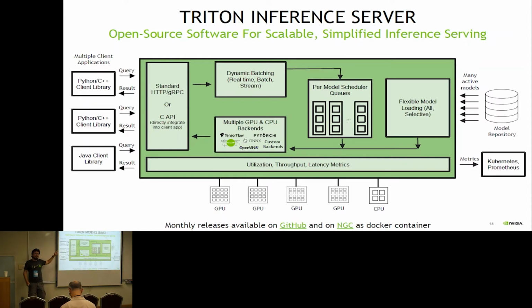These batches we have built in the batcher are then sent to a backend, and what's important here is that Triton supports all the backends you may be using for inference. It supports PyTorch, TensorFlow, of course TensorRT, ONNX Runtime, and even OpenVINO to accelerate your inference on CPUs.